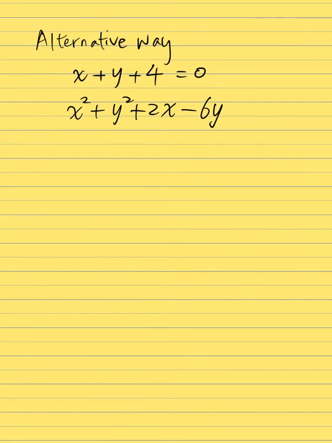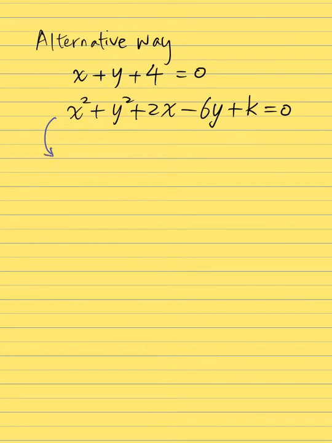Now let's look at the alternative way. First, let me write down the equations for reference. x plus y plus 4 equals 0 is the equation of the straight line, and x squared plus y squared plus 2x minus 6y plus k equals 0 is the equation of the circle.